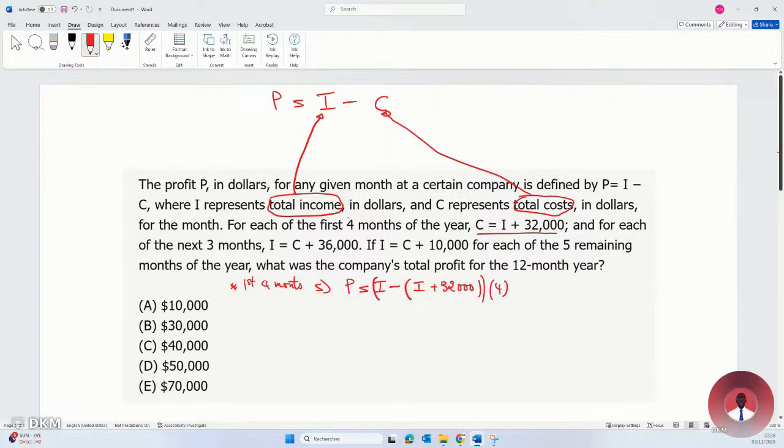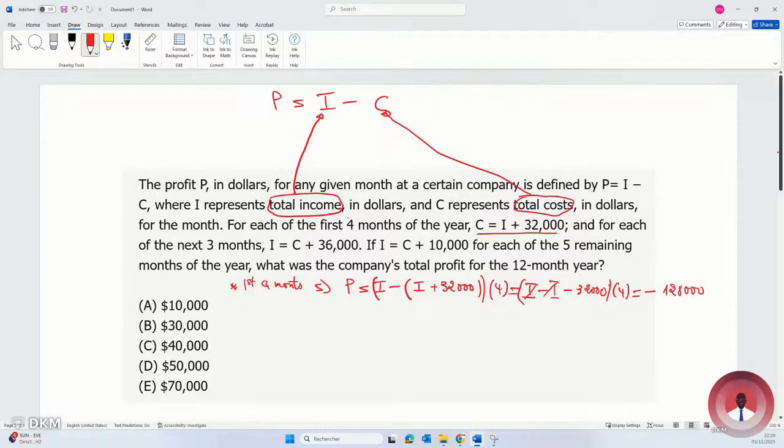So this is going to give us I minus I minus 32,000, and then multiplied by 4. So the I's cancel, and we will have minus 128,000 for the first 4 months.